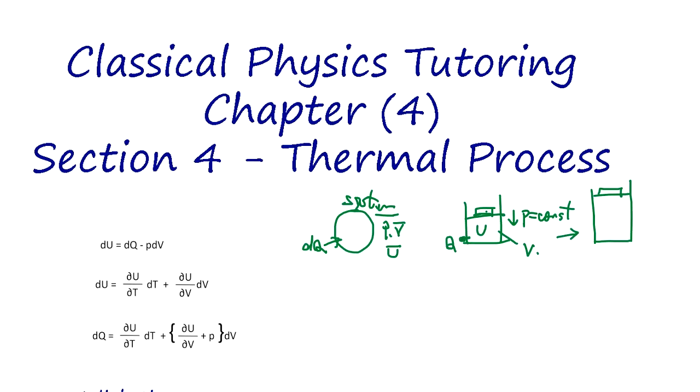You have to understand the exact meaning of dU equals dQ minus p dV. Now in this case, p is constant, so the internal energy increase, delta U, is going to be delta Q, the heat energy given, minus p delta V. And what's p delta V?